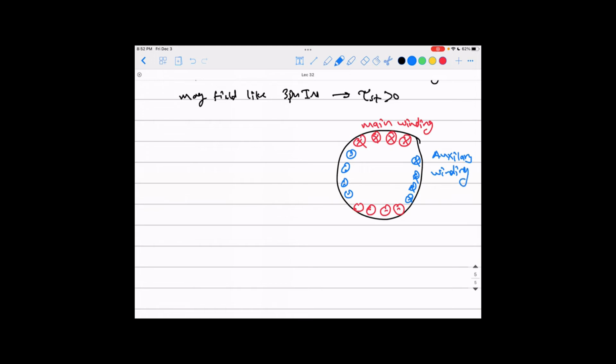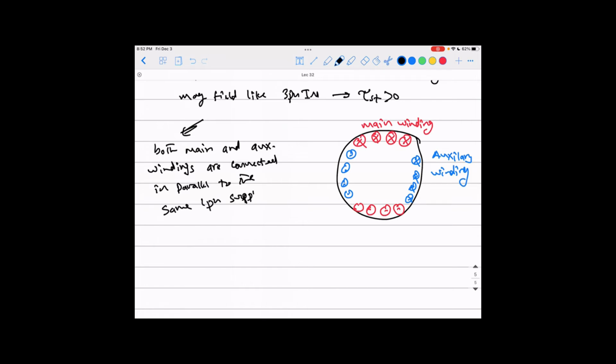But keep in mind, both main and auxiliary windings are connected in parallel to the same single-phase supply. Because it's just one supply, a single-phase supply. We will not have two different supplies, one for each winding. We will not do this, okay?